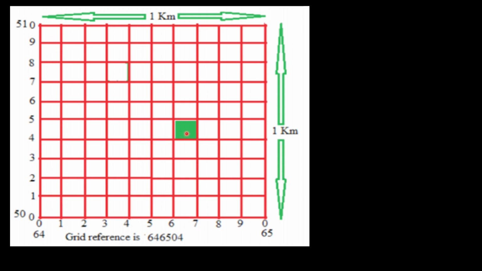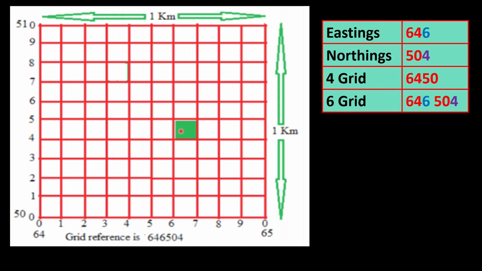So this particular green square, where it is, we have to see. Eastings, that is 64, 640, 641, 642, 643, 644, 645, 646. We have got 646.